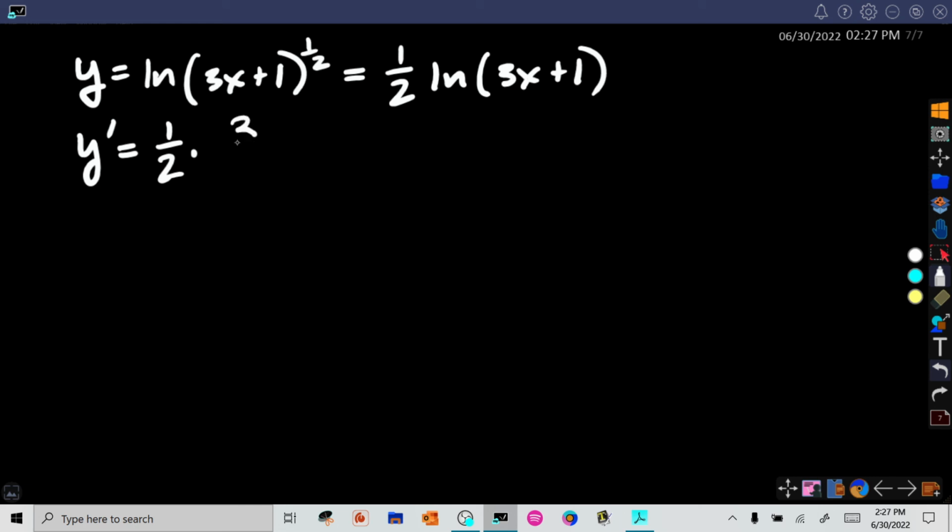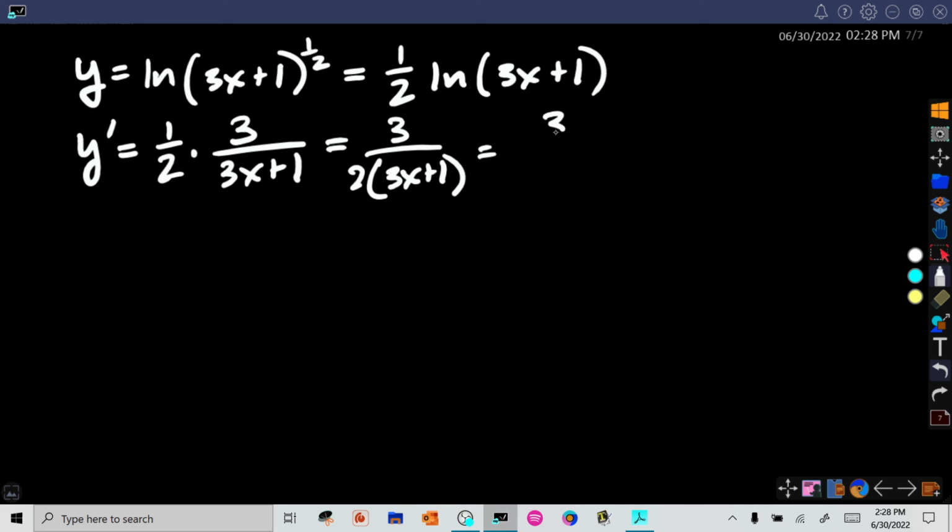Now the derivative, y prime, is 1/2 times the derivative of 3x plus 1, which is 3, over the original, 3x plus 1. So now I've got 3 up top and 2 times (3x plus 1) on the bottom, and if you want, you can multiply that out. I don't really care either way. Let's just do it: 6x plus 2. There's our solution.